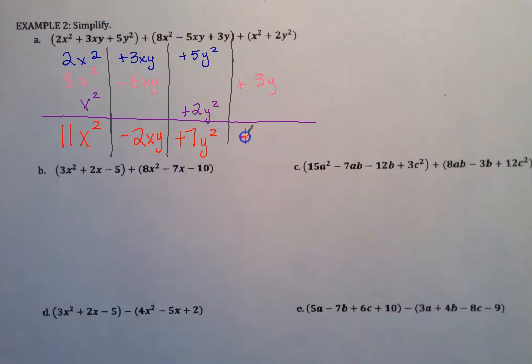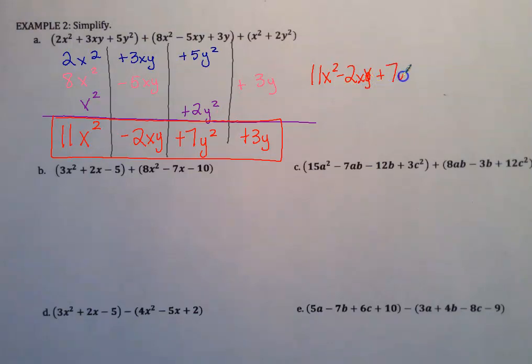And then we just have the plus 3y out here. So again, if we rewrote this, if we needed to write it a little closer, or you could just say this is it. If you want it to look more formula-like, it's 11x squared minus 2xy plus, that's a terrible looking y, sorry about that, plus 7y squared plus 3y.